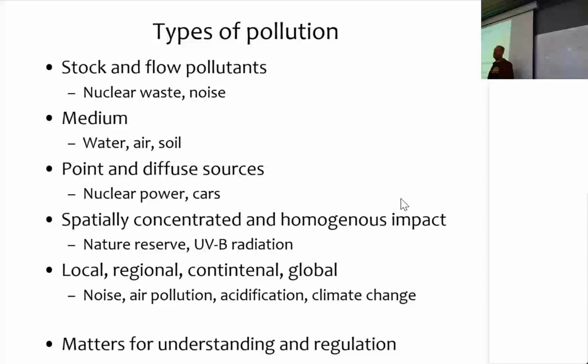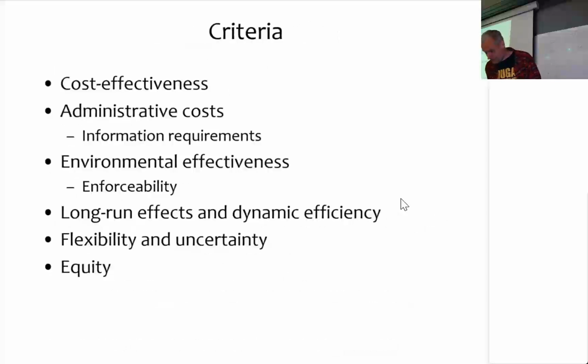With a nature reserve, you essentially just need to convince at most the national government, and that's it. Others, you need to deal with the Chinese and the Indians and the Americans to solve the problem, right? And the same goes for this, right? So if you do not understand the nature of your environmental problem, then chances are you will come up with the wrong regulation altogether.